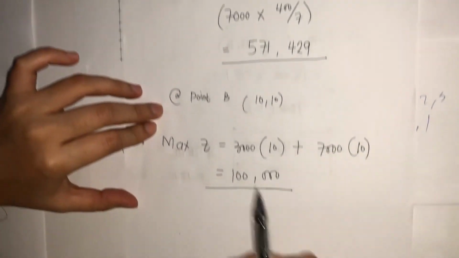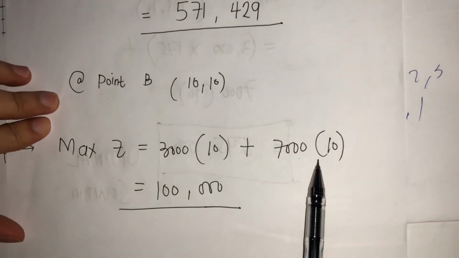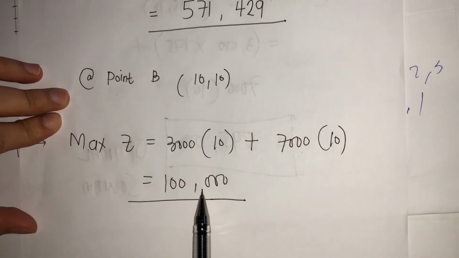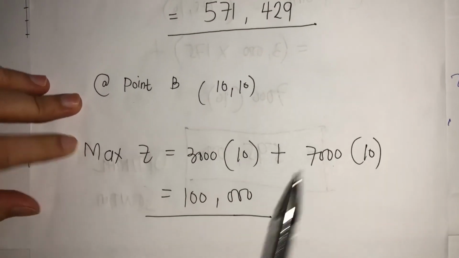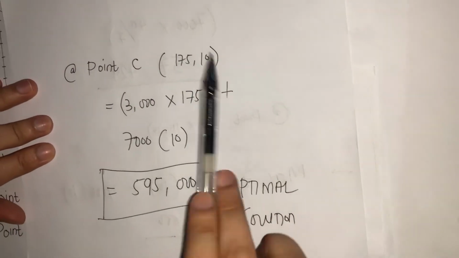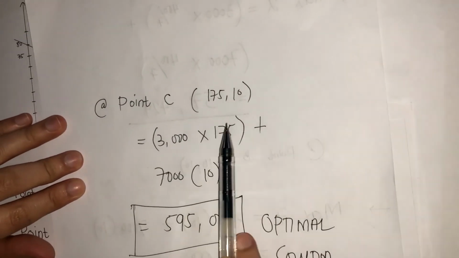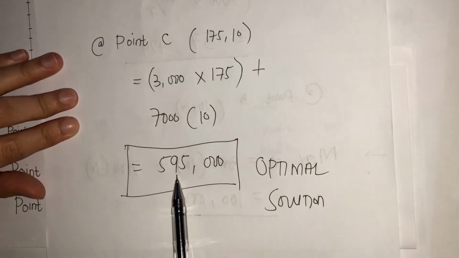For point B, 3,000 times 10 plus 7,000 times 10 gives 100,000. And for point C, 3,000 times 175 plus 7,000 times 10 gives 595,000.